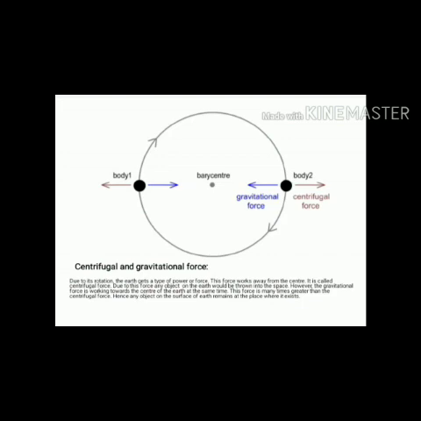However, the gravitational force works toward the center of the earth at the same time. This force is many times greater than the centrifugal force. Hence, any object on the surface of the earth remains at the place where it exists.